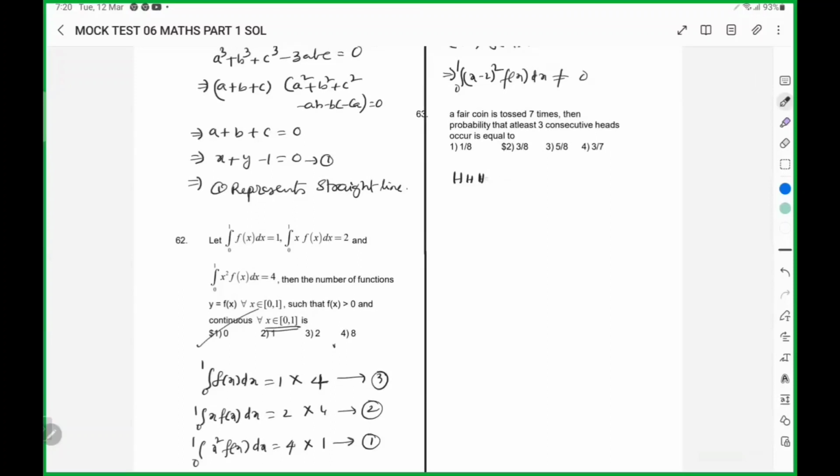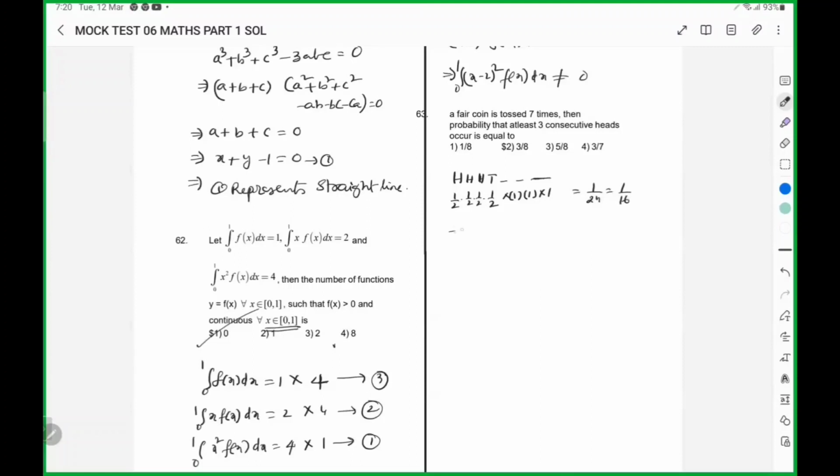To have exactly 3 heads, in the next fourth trial we should not get a head, we should get a tail. After that we can get anything in the remaining 3 attempts. Getting head or tail is half each. So here it is 1 by 2 power 4, 1 by 16.